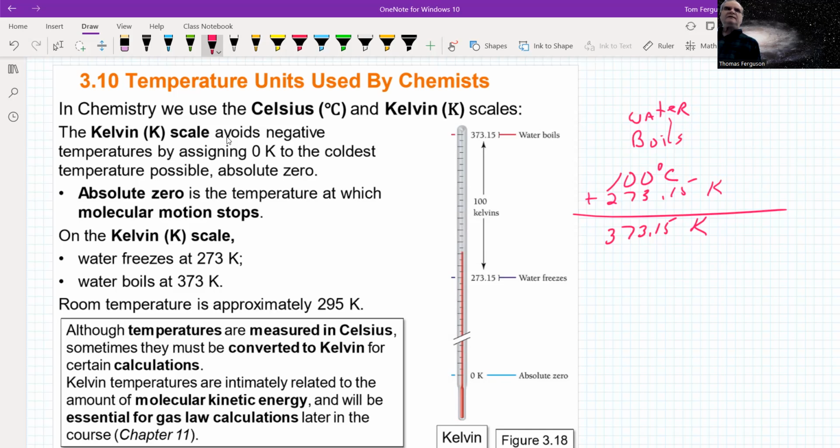Okay, now why do we need to worry about Kelvin? When we get into thermodynamics and gas laws, they use Kelvin. If you're not doing thermodynamics, you don't have to worry about it. If you're not doing a gas law equation, you don't have to worry about it. We're not going to do much of either one of those here. We're going to do a little bit on gases. We're going to have a simulation for gases.